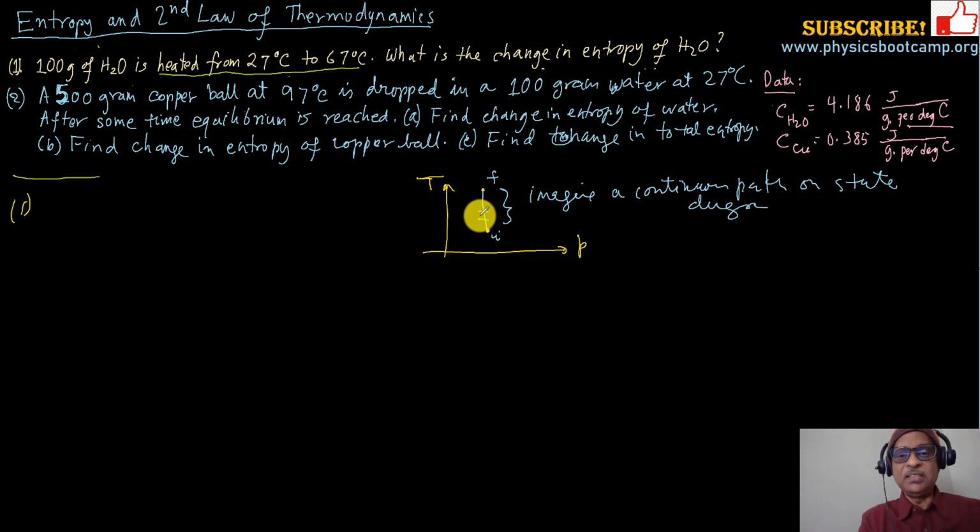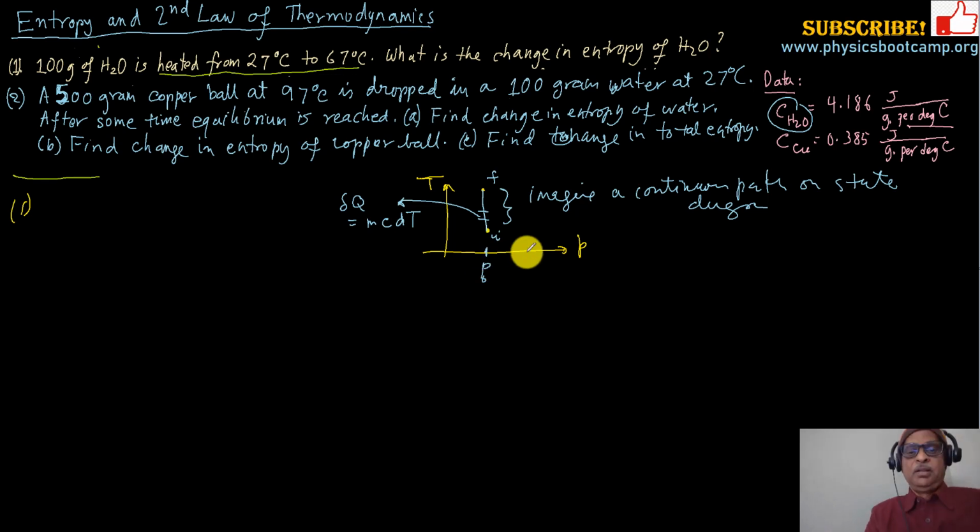So in this infinitesimal step, the formula for delta Q will simply be m c dt, and c will be this particular c, which is usually at constant pressure. Okay, so ds is very easy for this: m c dt over T, and this is T in Kelvin.